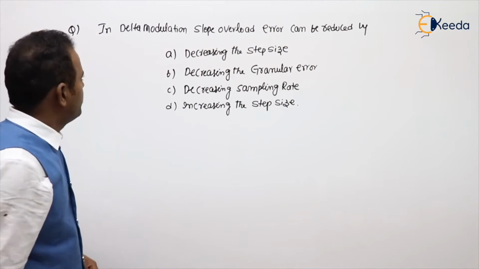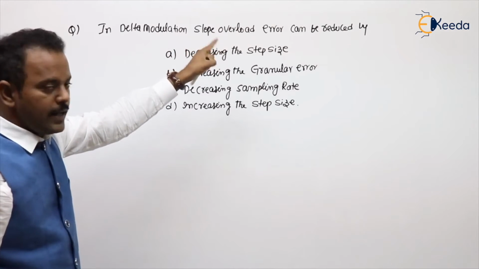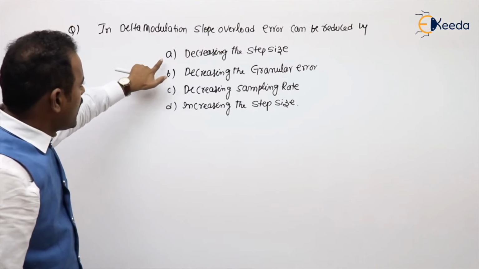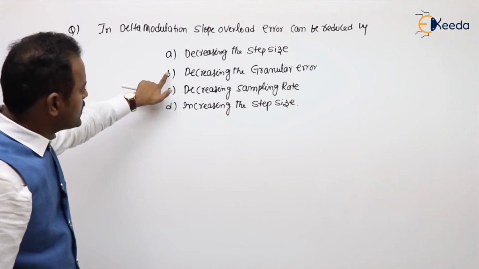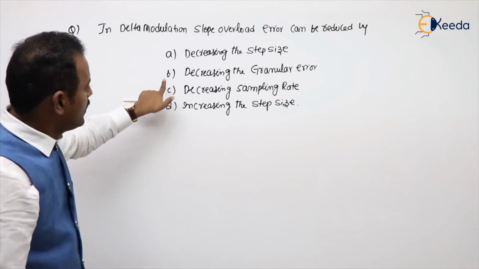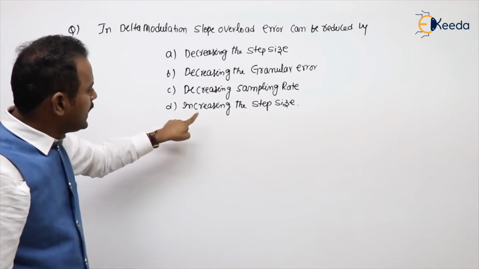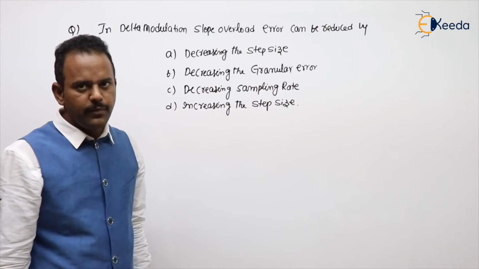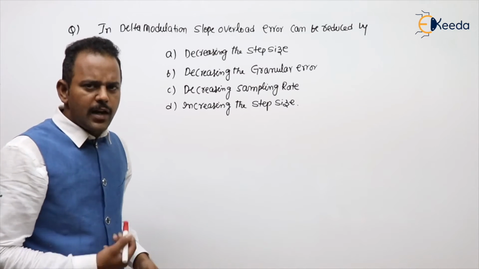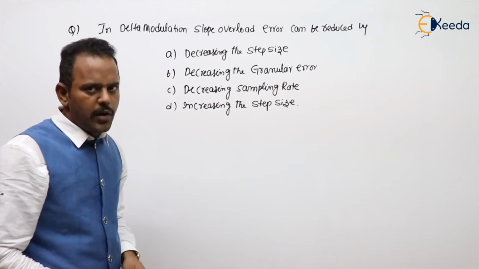See the next problem. In delta modulation, slope overload error can be reduced by option A, decreasing the step size, option B, decreasing the granular error, option C, decreasing the sampling rate, option D, increasing the step size. We already know there are two errors, slope overload error and granular error.